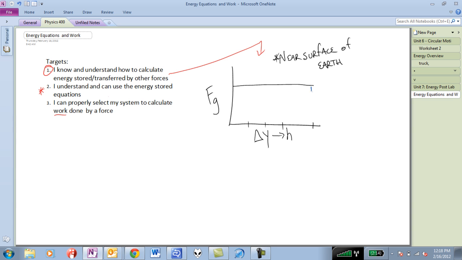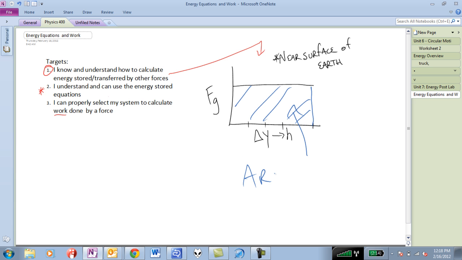We can go in here, rope this off, take a look at this area right here, and I can say this area will represent the energy. And the energy in this case is not going to be ES, it is going to be EG, the energy stored gravitationally, because what force are we looking at? We're looking at gravity.